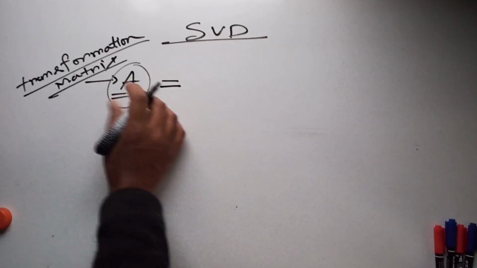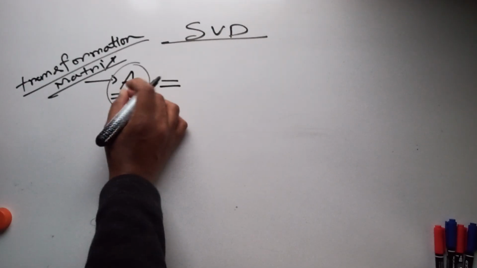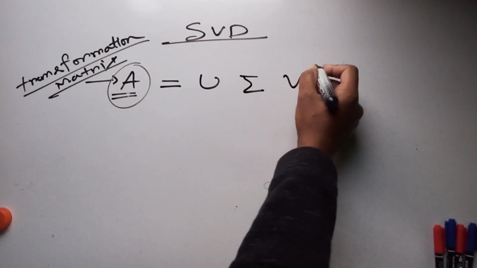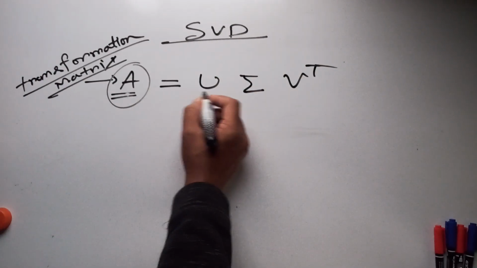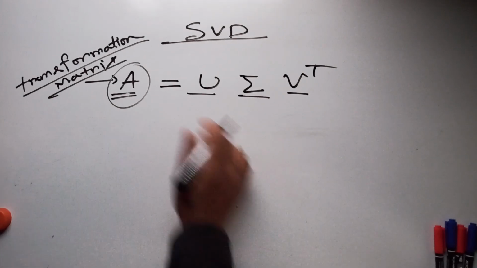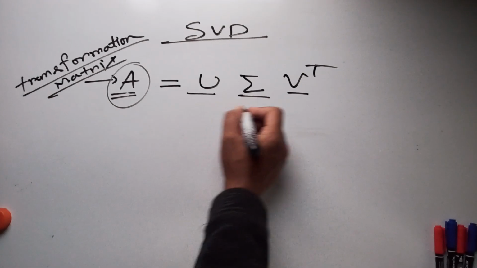Now we can decompose this matrix A into three parts: U, sigma, V transpose. Basically, these things have physical meanings. U is a rotation.